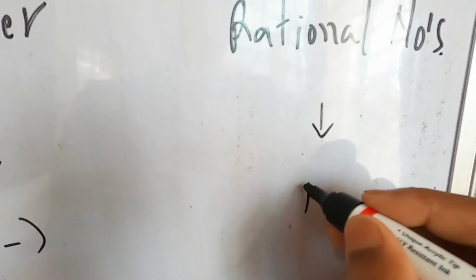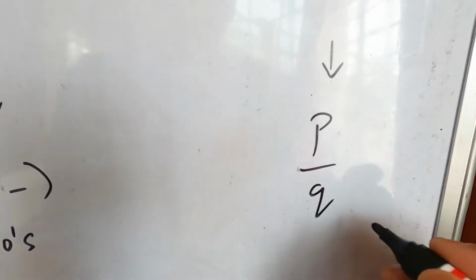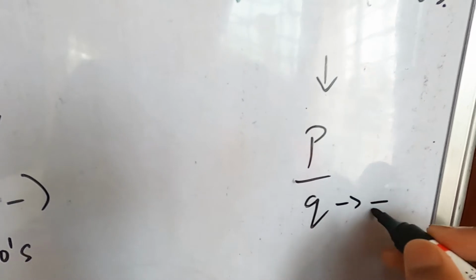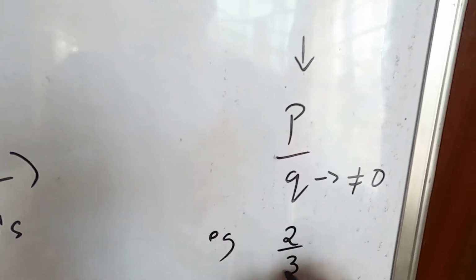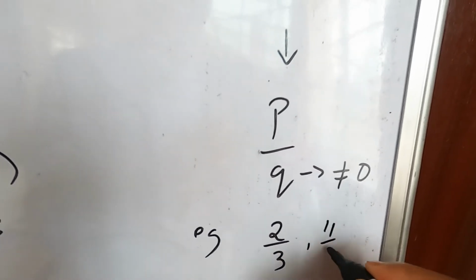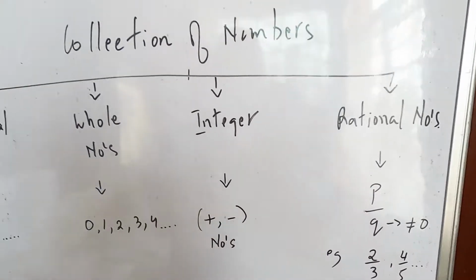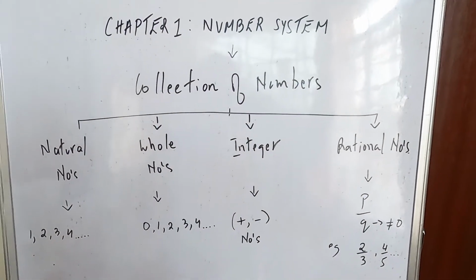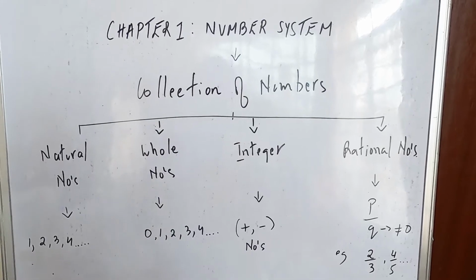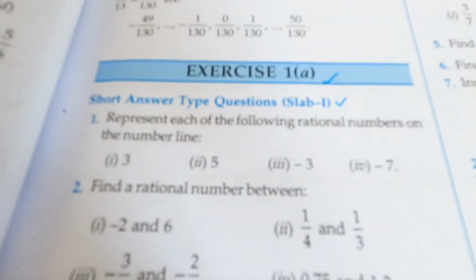So rational numbers, basically they are in the form of p by q, where q is not equal to 0. So example will be simply 2 by 3, 4 by 5, and so on and so forth. So this is basically number system. Alright, so I hope the introduction is clear. So let us start with the exercises.